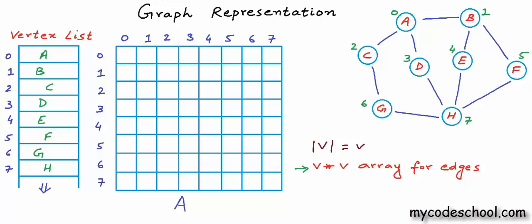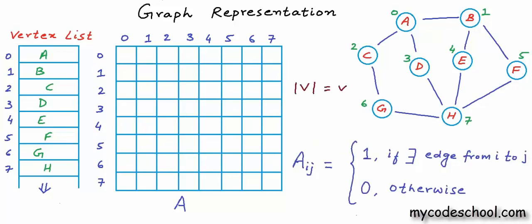We are picking up indices from the vertex list. Okay, so if the graph is unweighted and each vertex has an index between 0 and v minus 1, then in this matrix or 2D array, we can set ith row and jth column, that is A[i][j], as 1 or Boolean value true if there is an edge from i to j, 0 or false otherwise.